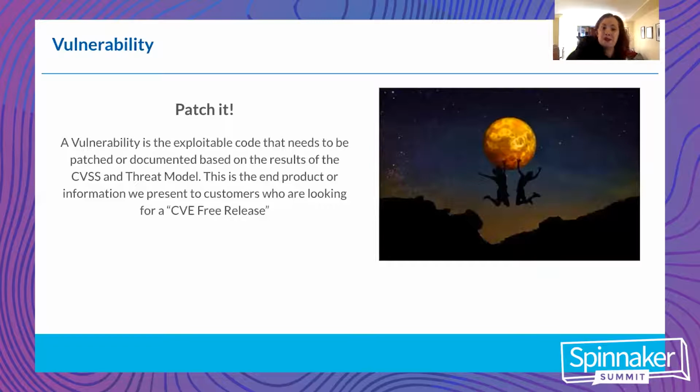So what do we do next? We've identified that something is vulnerable, and now we need to patch it. And what does it mean to patch it? Well, sometimes it means you need to do a version bump. Let's say you need to do a Spring Boot security version bump, and maybe that takes care of like 20 of your CVEs. What? One action for 20 CVEs?